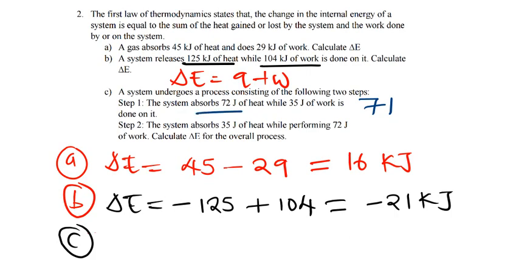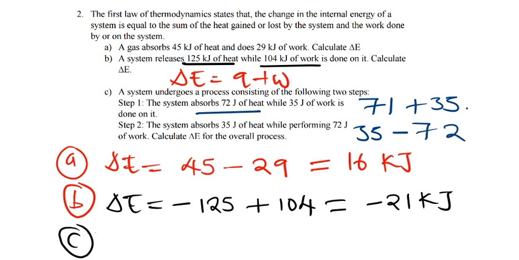So absorbing is positive, work done on it is also positive. And then for step 2, the system absorbs 55 joules. Again, that is positive, while performing work. So doing work, energy is lost. So that is minus 72.